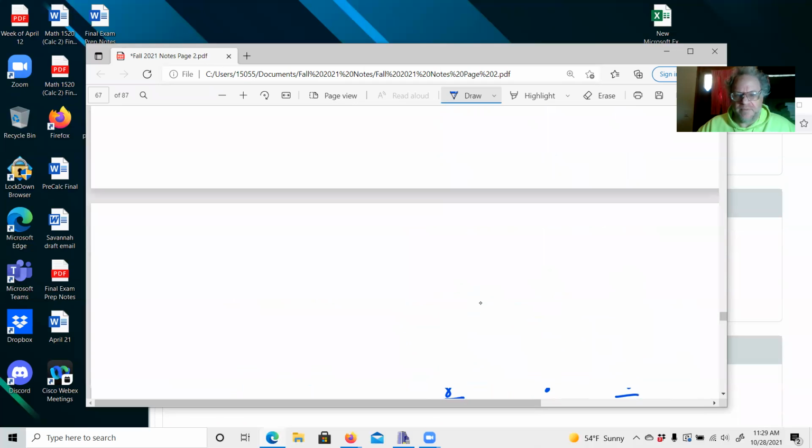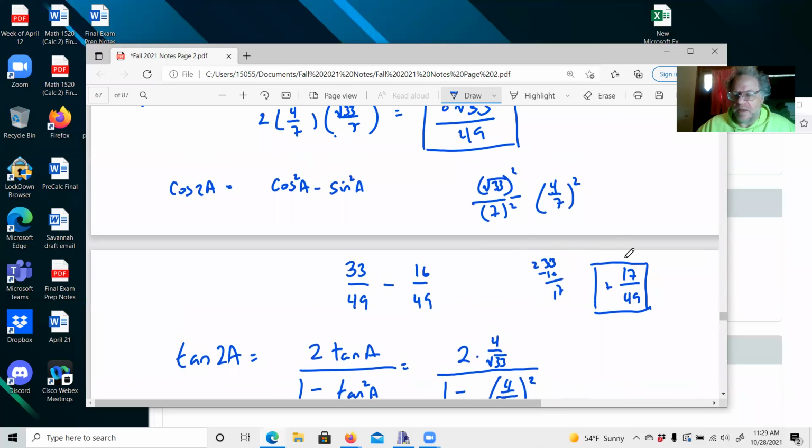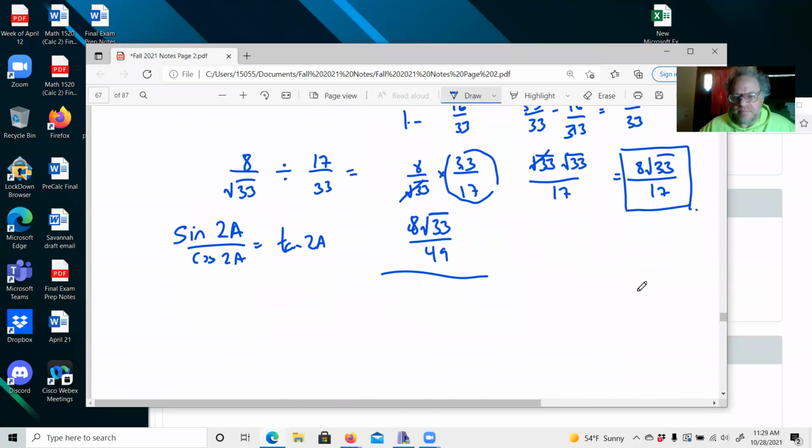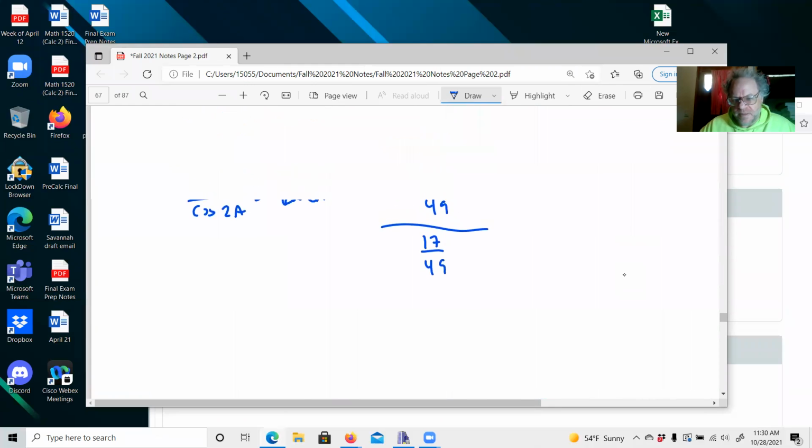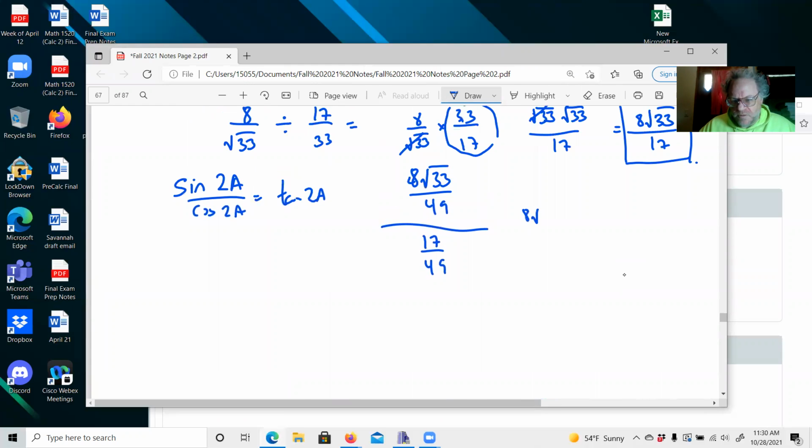What is the cosine of 2a? That was 17 over 49. So what we have here is 8 root 33 over 49 divided by 17 over 49.